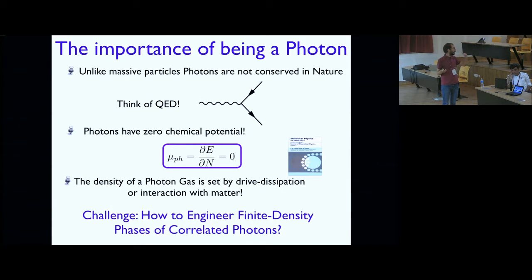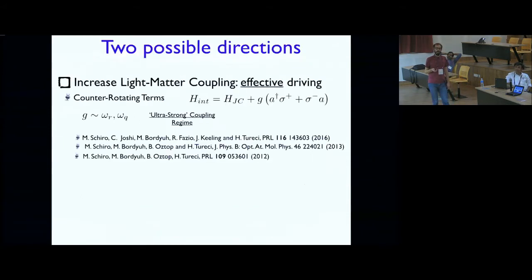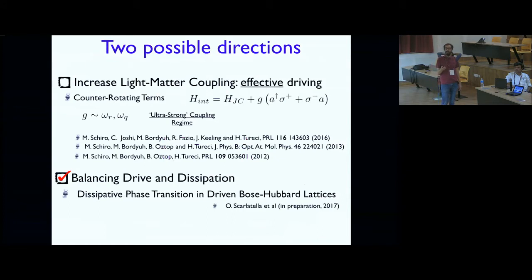So the density of your photon gas is not fixed, but rather has to be established by a balance between drive and dissipation, or by a balance with interaction strength. So the big question here, I think, in all these arrays is how you can engineer a finite density of photons in your system.